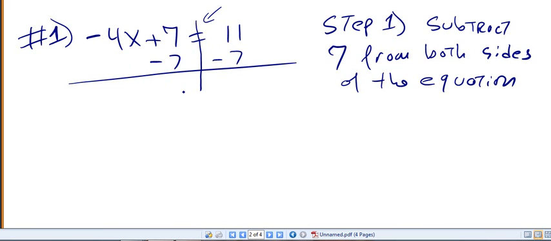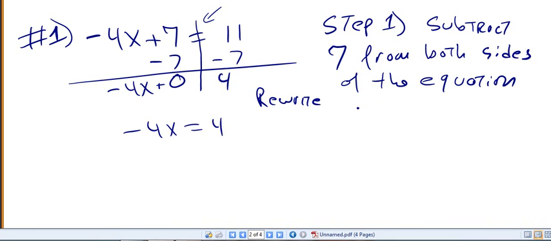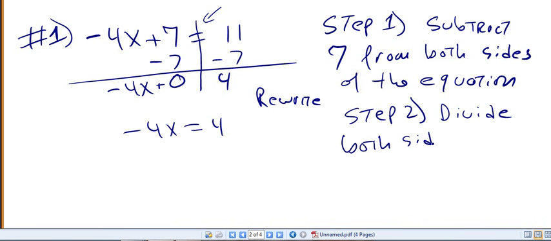So 7 minus 7 is 0. Now I've got negative 4x plus 0. 11 minus 7 is 4. I'm just going to rewrite, and I have negative 4x is equal to 4. My next step, step 2, is to divide both sides by negative 4.